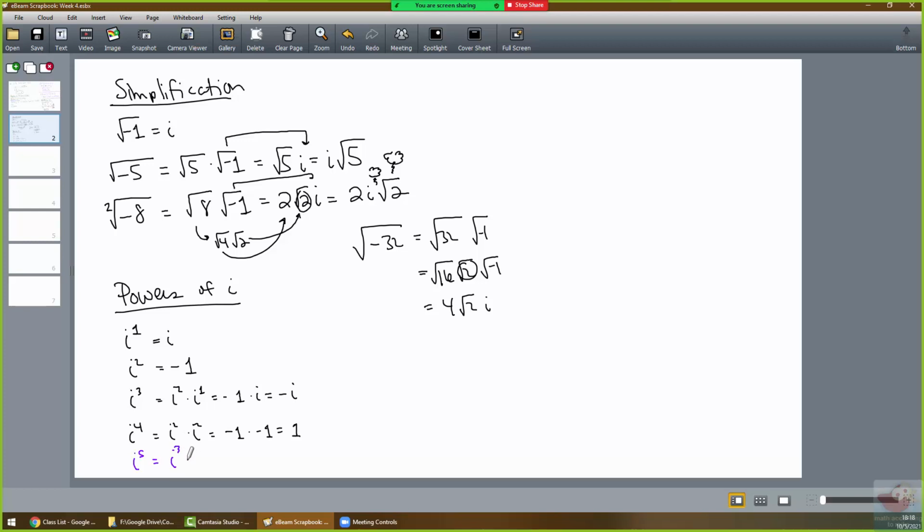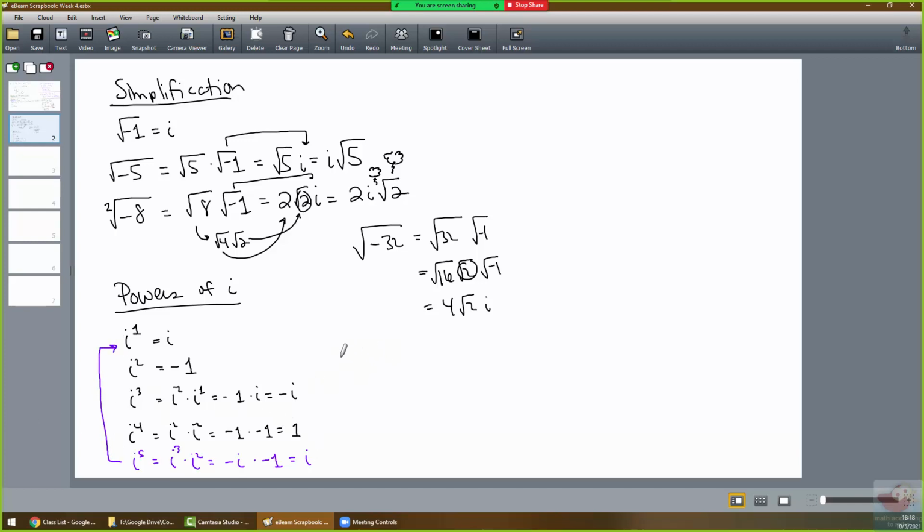Yeah, let's try that. i cubed is negative i, i squared is negative 1. What does this multiply to be? That'll be i, which is the same thing as i to the first.